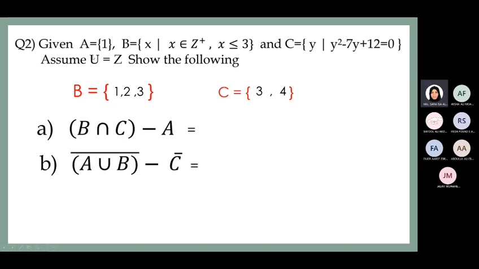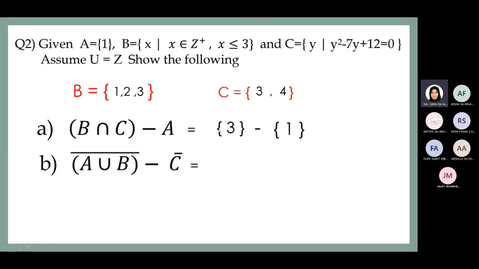Now let's find A. A is said to be B intersection C minus A. So first I have to find the intersection between B and C, the common elements. What is common between them? The element 3. Minus in sets means removing, not subtracting. I will remove 1.